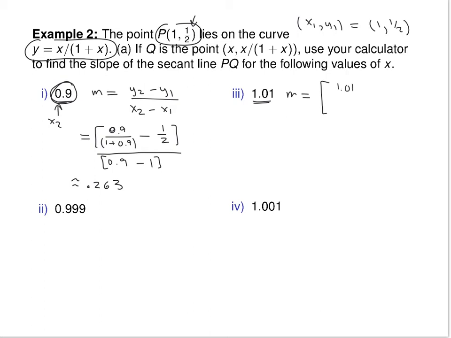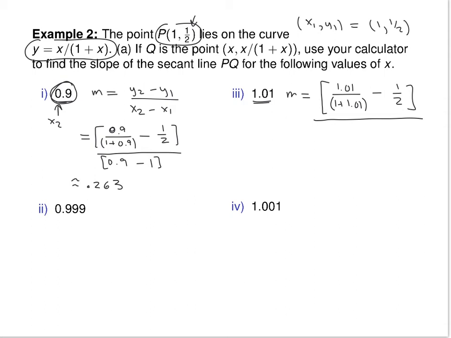Great. And then minus a half, over... Minus half. The minus 1/2 is coming from the fact that our one point has this as its x, the other point has 1 as its x.